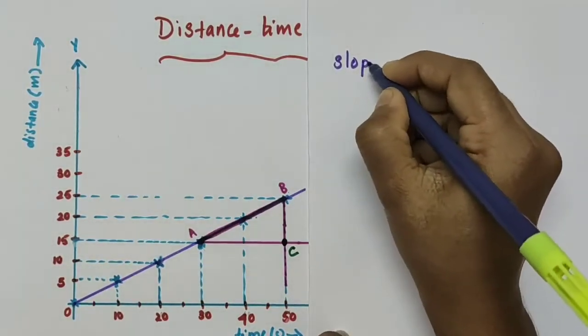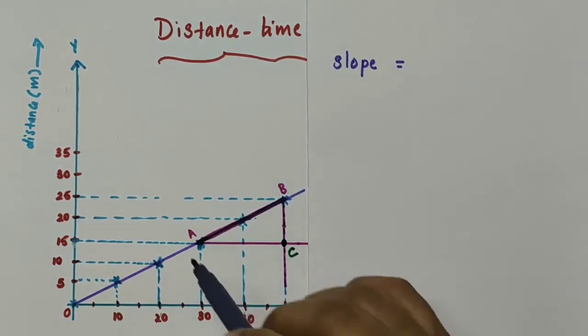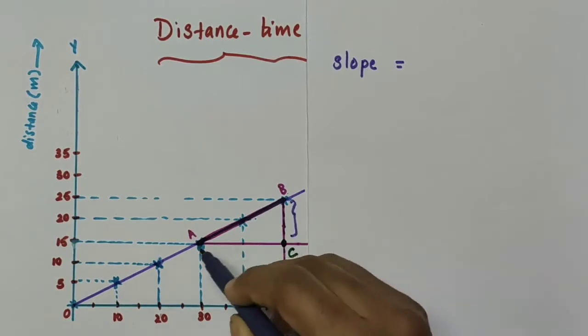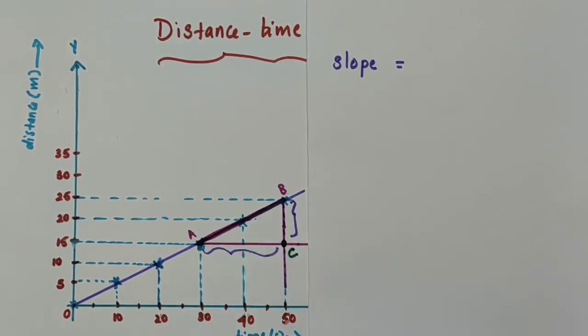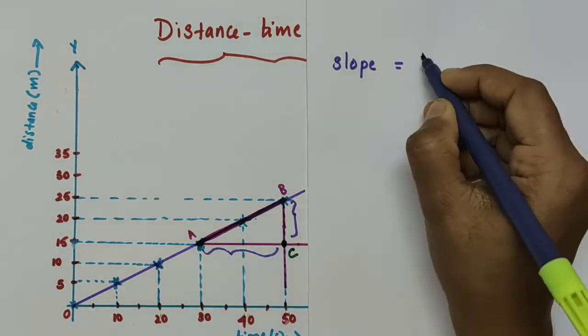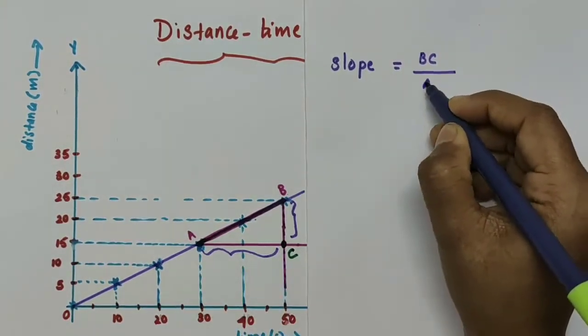How can you find out the slope of the line AB? Slope of the line AB is equal to this side, that is BC, divided by this side. This side means what? AC.